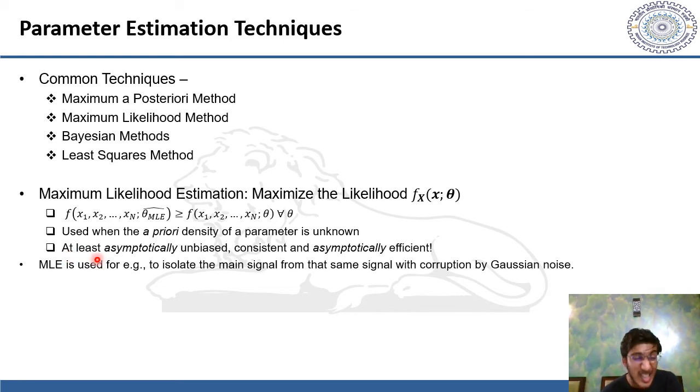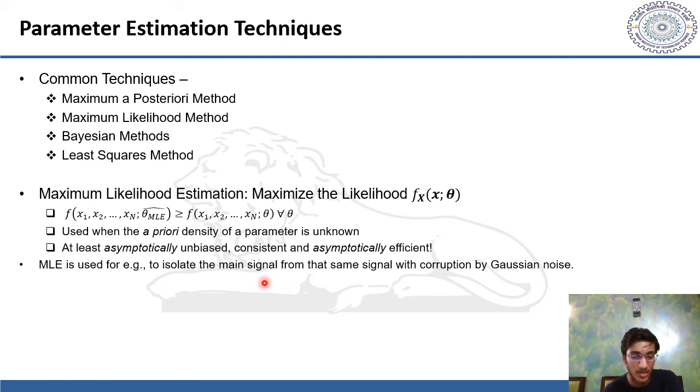Number one, it is at least asymptotically unbiased, it is consistent, and we also note that it is asymptotically efficient. The maximum likelihood estimation technique is used, for example, to isolate the main signal from that same signal which has been corrupted by Gaussian noise. So say, for example, you have a discrete time random process which models the signal.